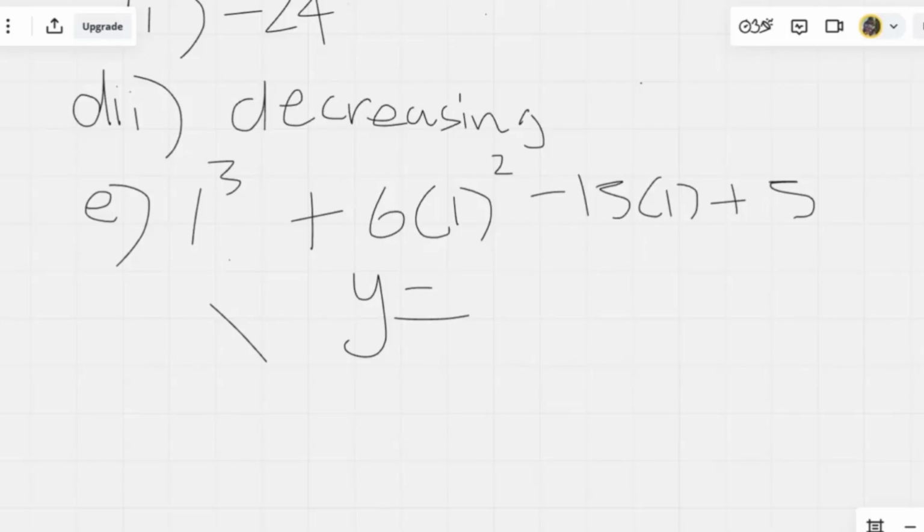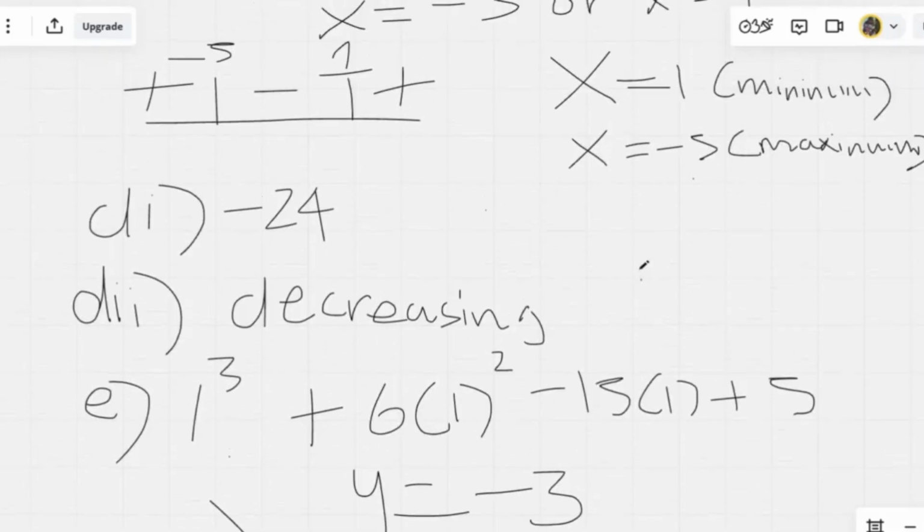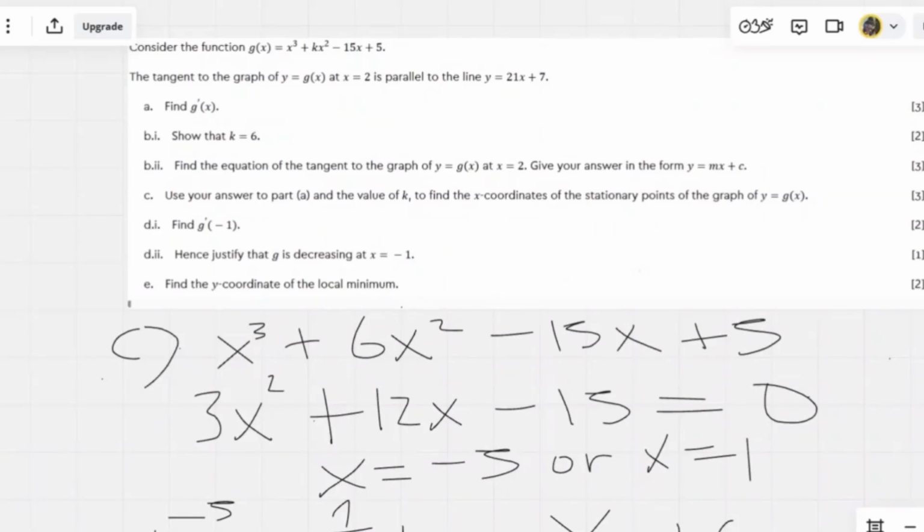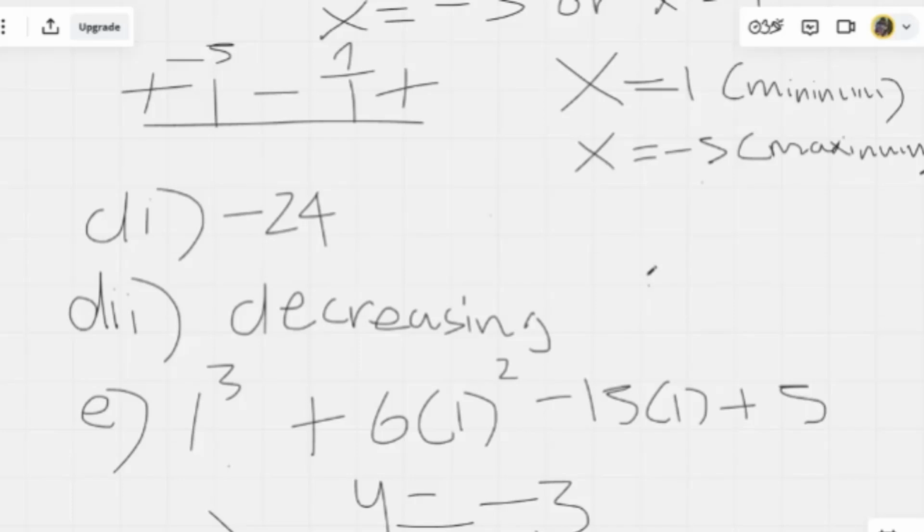So 1 to the power of 3 plus 6 multiplied by 1 to the power of 2 minus 15 multiplied by 1 and then plus 5. So this gives us y equals minus 3.